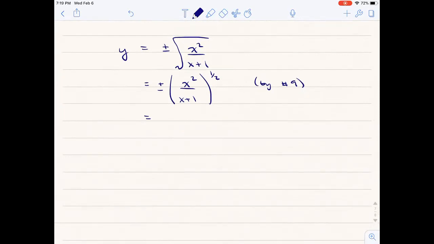Now we can bring that power inside, because we're multiplying and dividing. As long as we treat this x plus 1 as one number, we can bring the power inside. So then we get plus minus x squared times 1 over 2 all over x plus 1 to the 1 over 2 by number 6.